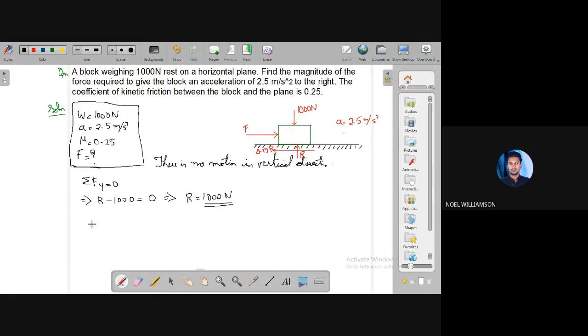We will write like this: by Newton's second law, and the force is acting towards the right side. So we will take this direction as positive and the opposite direction as negative.